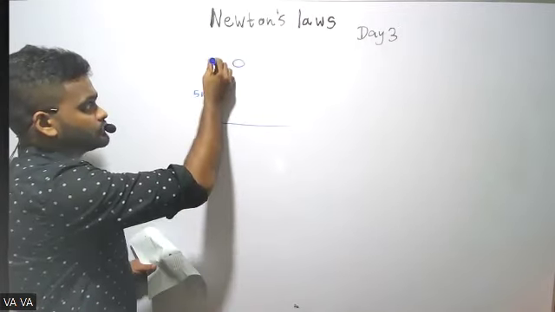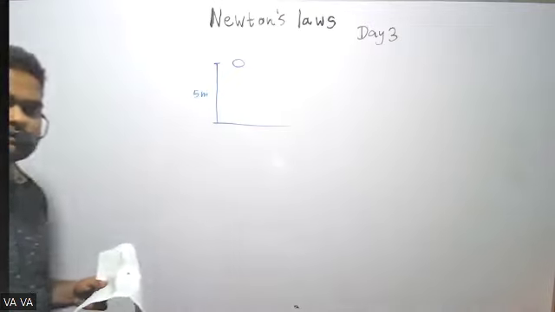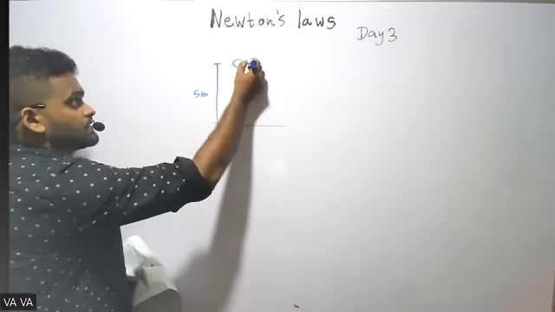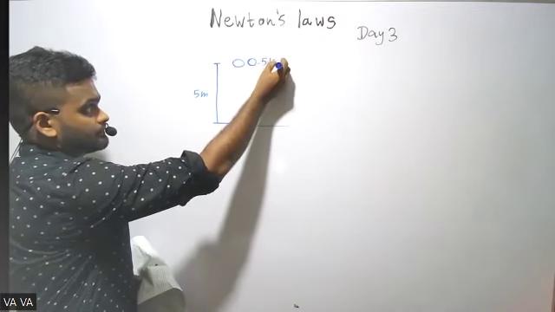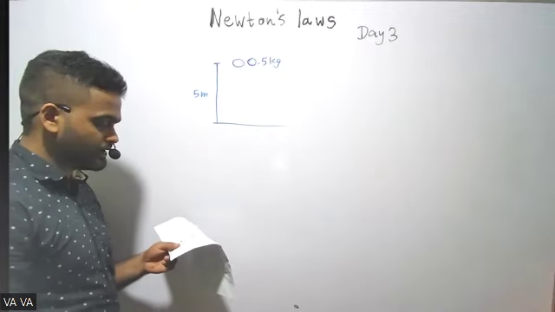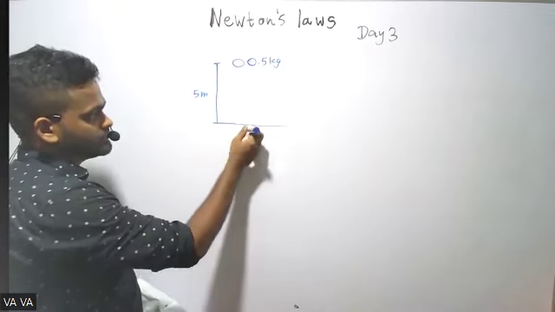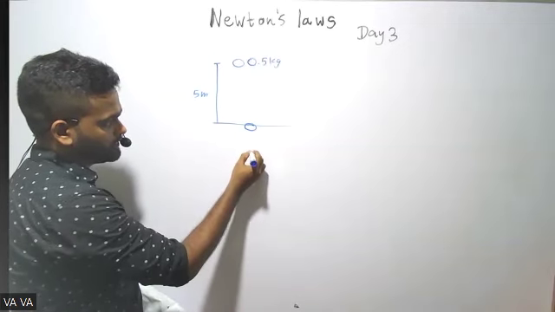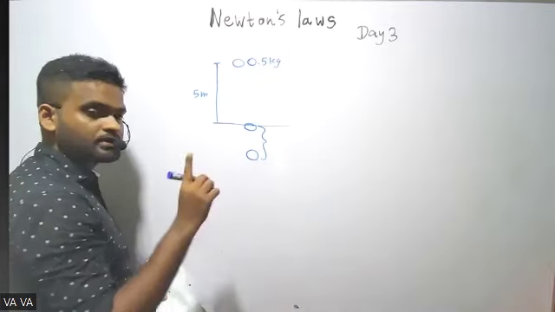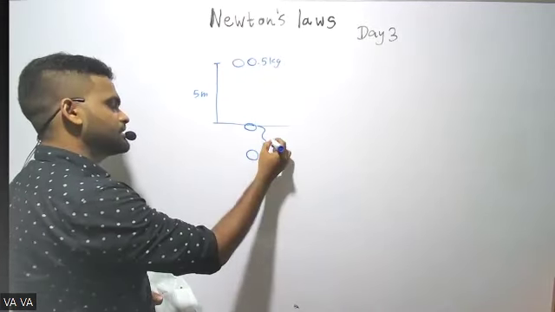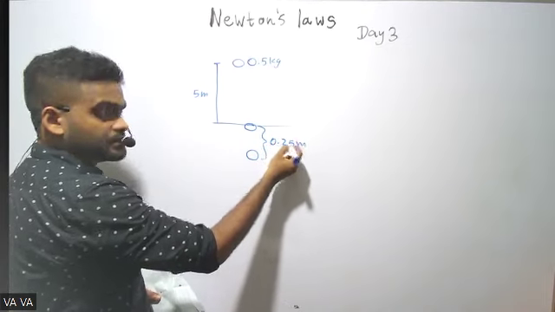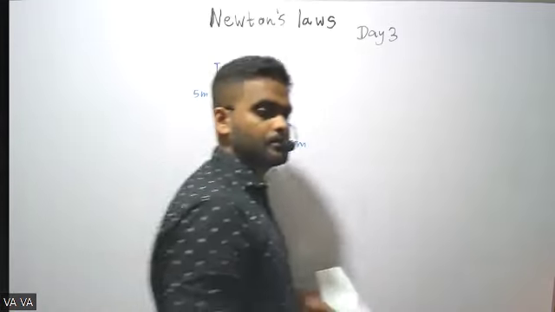So a coconut falls from a 5 meter height coconut tree. Mass of the coconut is 0.5 kilogram. 500 grams, right? So 0.5 kilograms. When it hits the ground, what happens? It penetrates the ground to 25 centimeters. 25 centimeters, I'll mark that in meters, divided by 100, 0.25 meters.